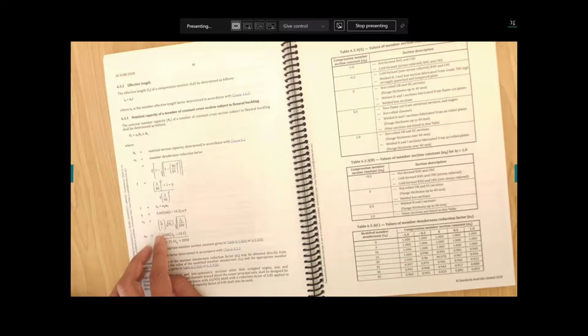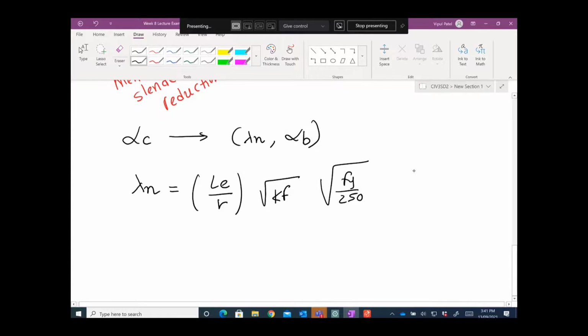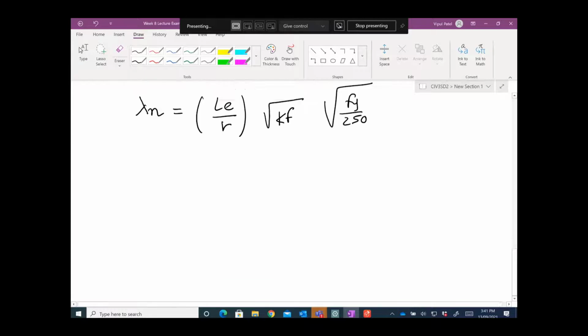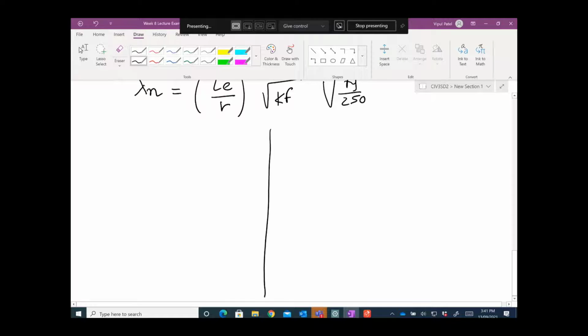Now, the standard is not telling us whether to do the x-axis or y-axis, because we need to do the two processes: the column can buckle about the x-axis and about the y-axis, but we need to make a decision which one is the weak axis. By looking we can't say, we need to know the numbers. The example says that the length about the x-axis is 3500 millimeters and the length about the y-axis is 3500 millimeters.